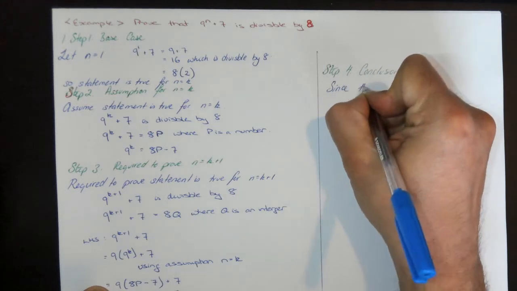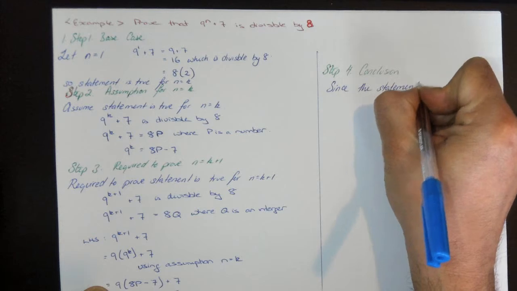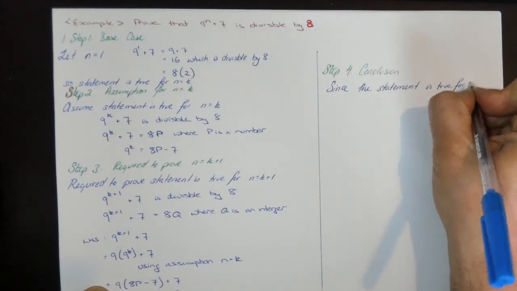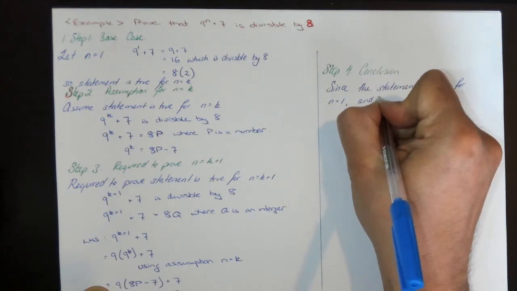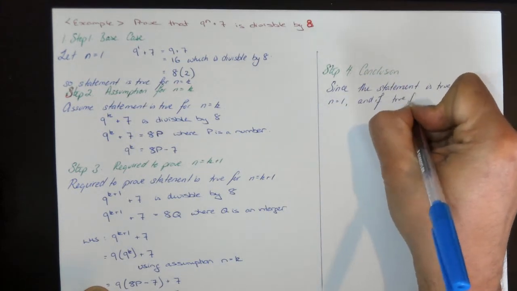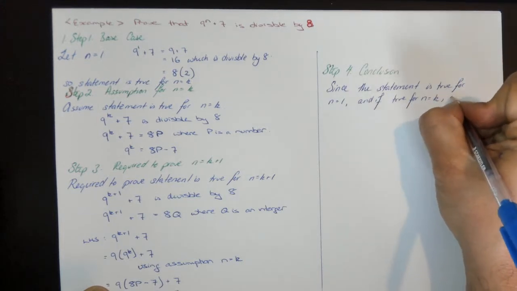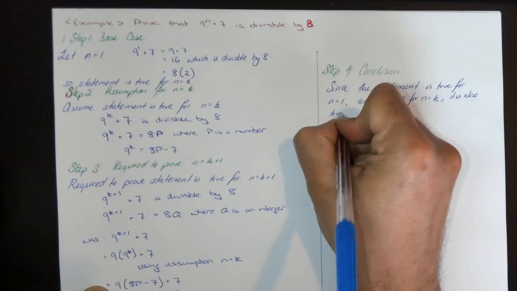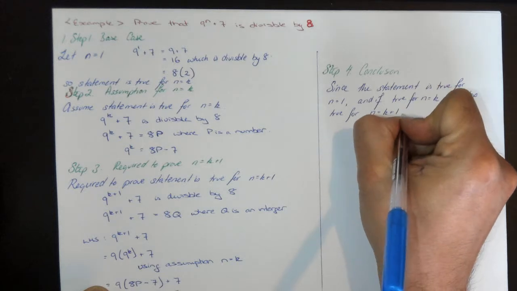So since the statement is true for n equals 1, and if true for n equals k, it is also true for n equals k plus 1.